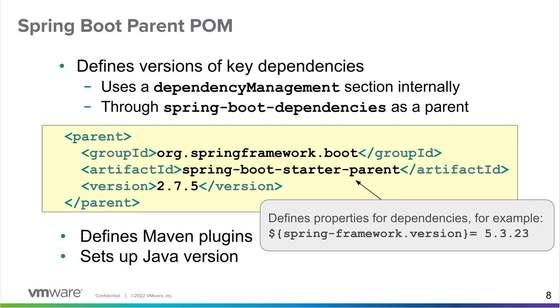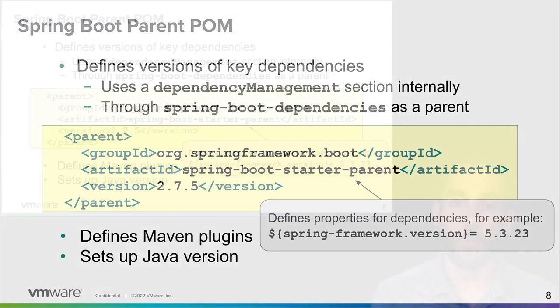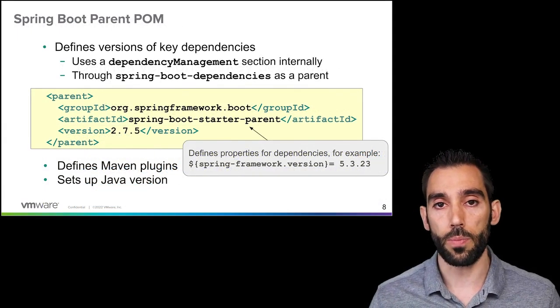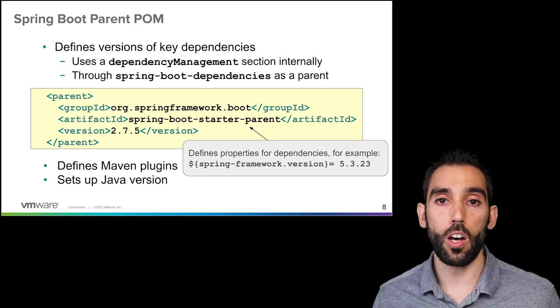So we see here an example of the Spring Framework. Inside the POM file, you'll see a property called spring-framework.version, and in this case, it will be set to 5.3.23. That means that this particular Spring Boot version is tied to this Spring version, and that will happen for a lot of libraries.